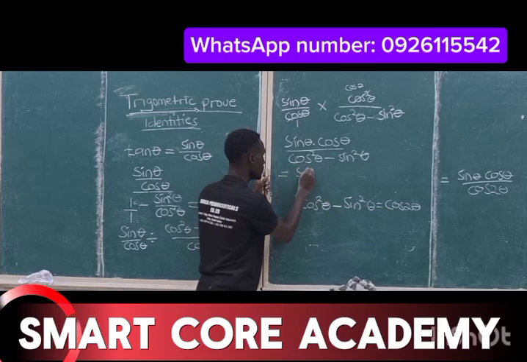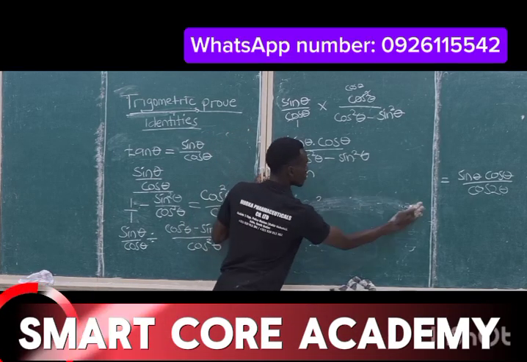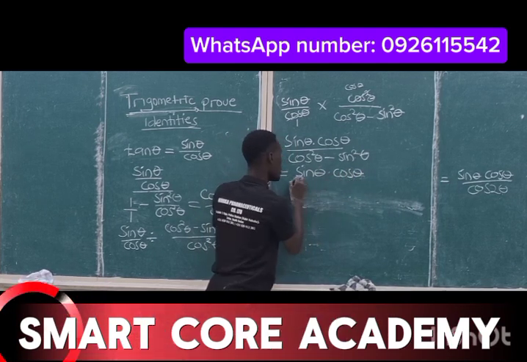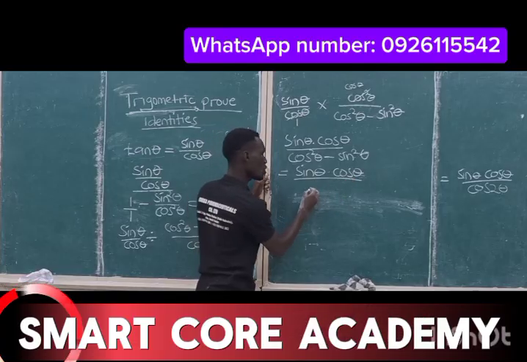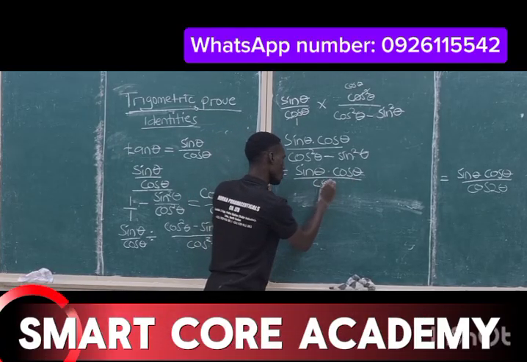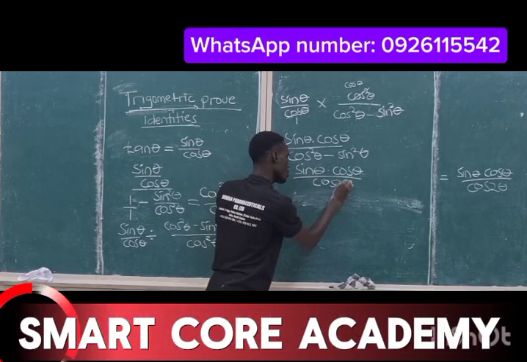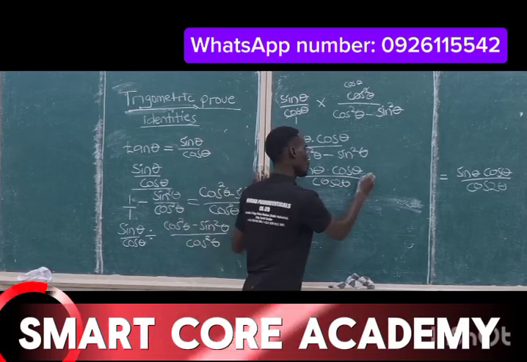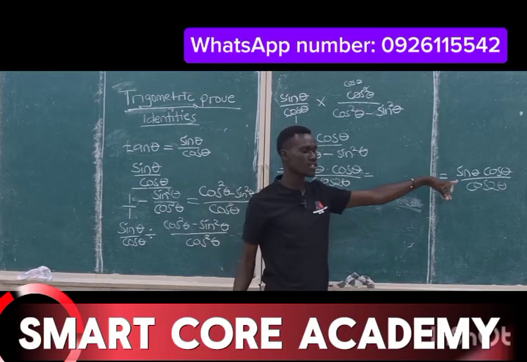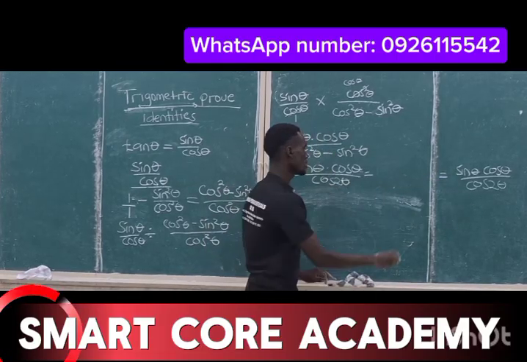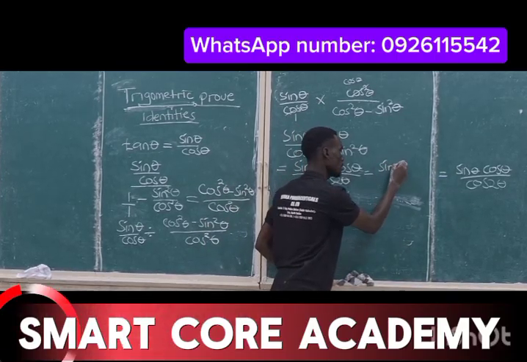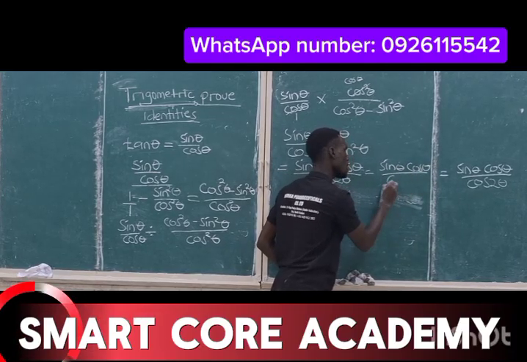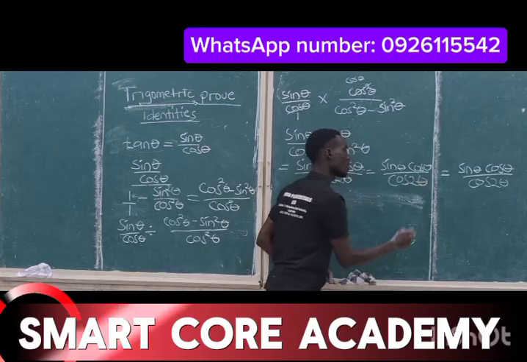So it will be sine theta multiplied by cos theta all over cos 2 theta, when we apply the double angle identity, which is equal to our right hand side. This is our right hand side of the equation before: sine theta cos theta all over cos 2 theta.